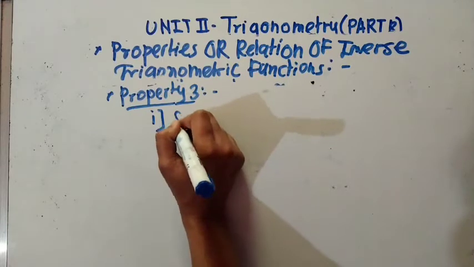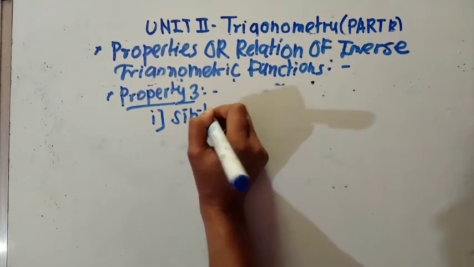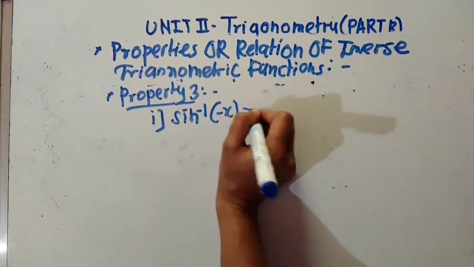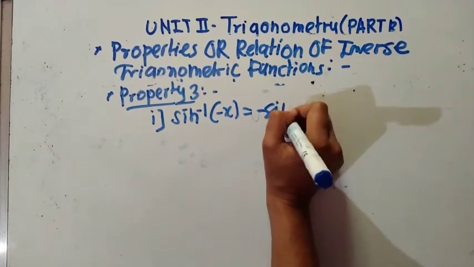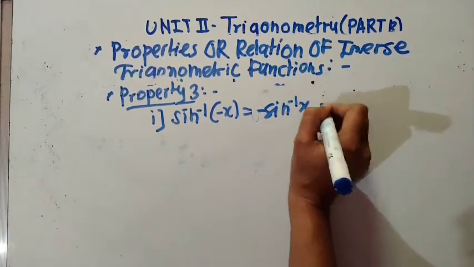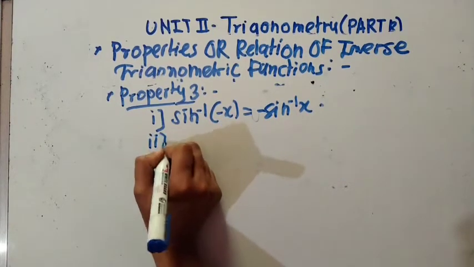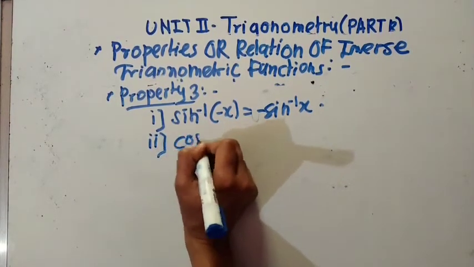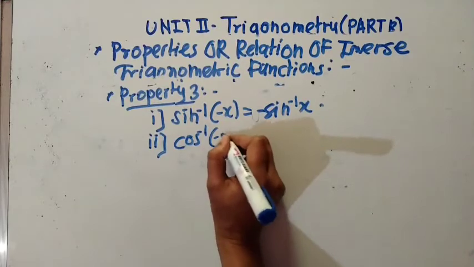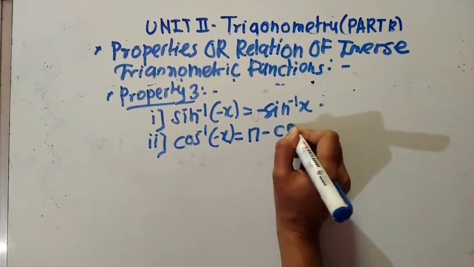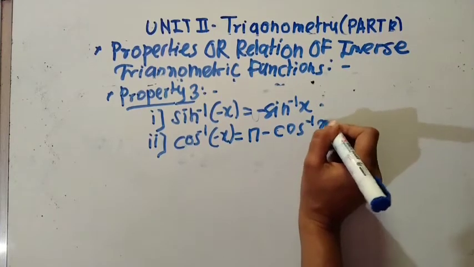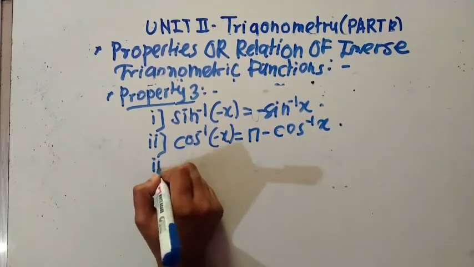First property is sine inverse of minus x is equal to minus sine inverse of x. Second property is cos inverse of minus x is equal to pi minus cos inverse x.